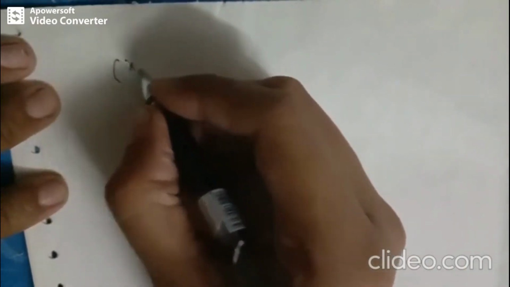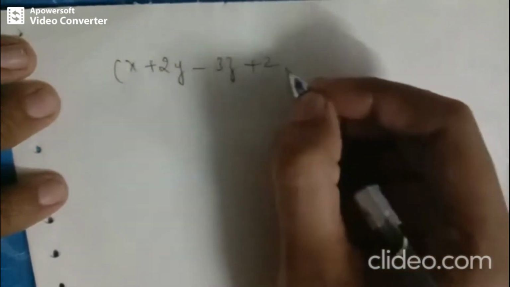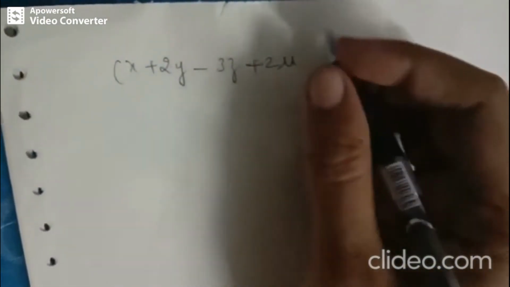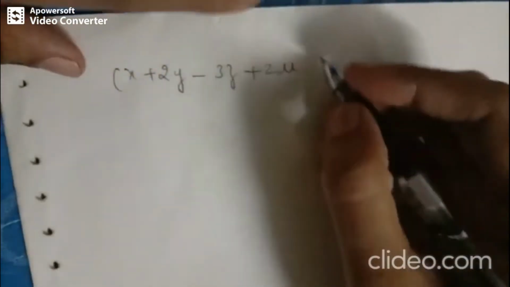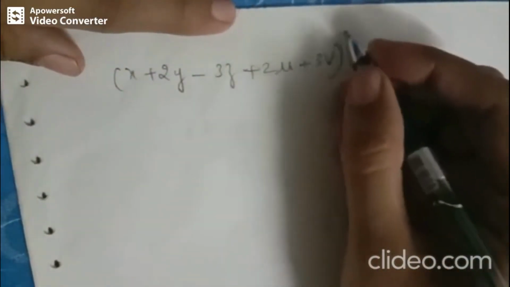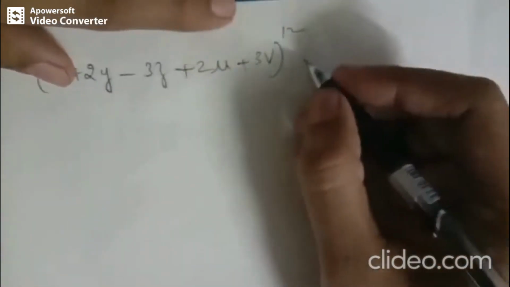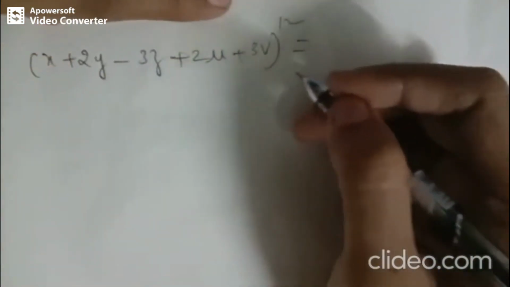So I'll rewrite it. The question says (x plus 2y minus 3z plus 2u plus 3v) whole raised to 12. This is the question. We are supposed to find the sum of the coefficients of this term.